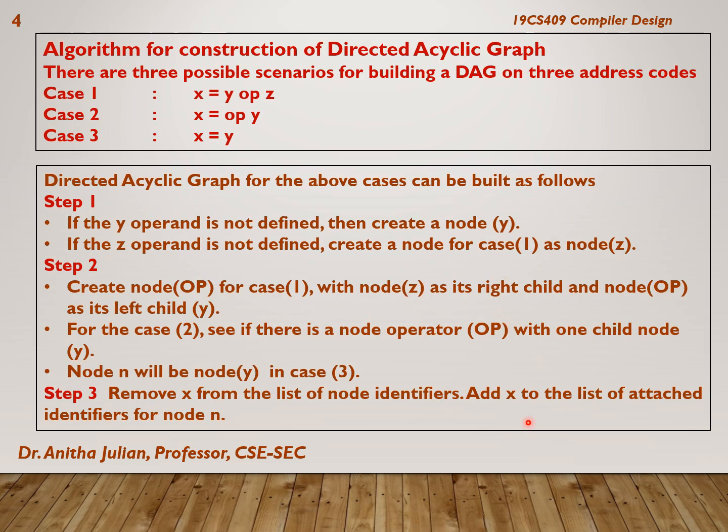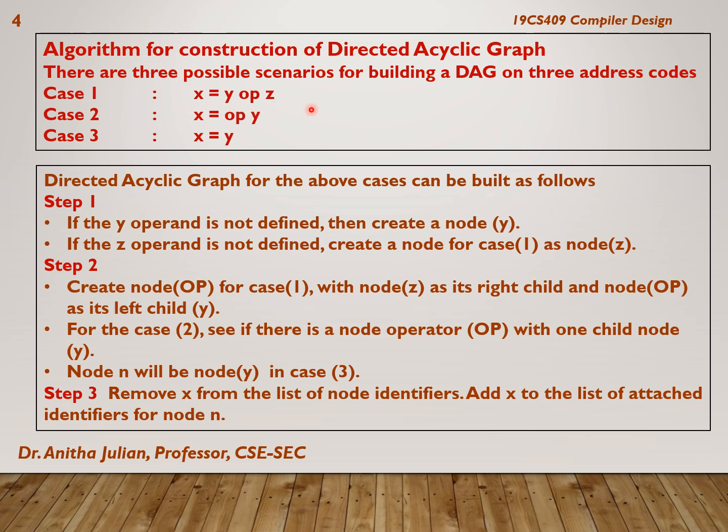So we will follow the three steps and we will try to draw the DAG. Here there are cases. When we are drawing the DAG, we are going to have operators. We can have two operands and one operator. Case 1 is x = y operator z.